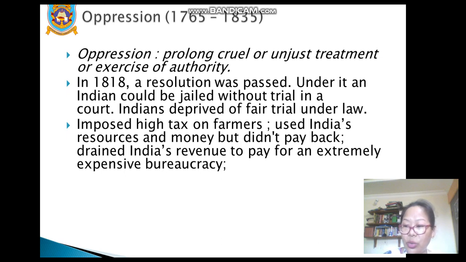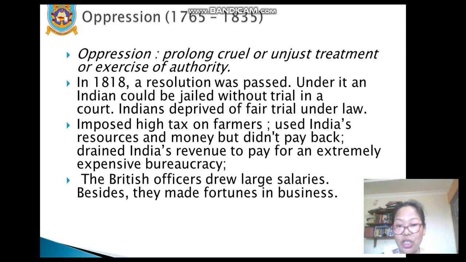And what this was doing is that East India Company was using India's resources and money. They drained India's revenue to pay for an extremely expensive bureaucracy, that means their government, their functions, their offices.